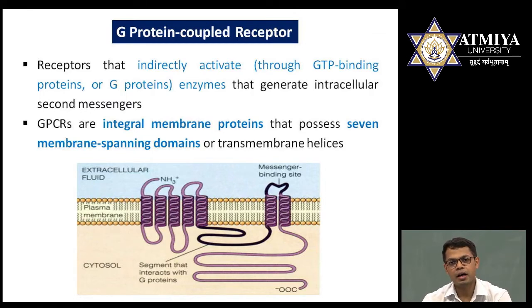In GPCR, we have to study several segments. Any type of receptor is located on the membrane. So first we have to study the receptors, that is the location of the receptor as well as the structure of the receptor. The second segment we will study is G protein. Since it is a G protein coupled receptor, it means the receptor is already coupled with G protein.